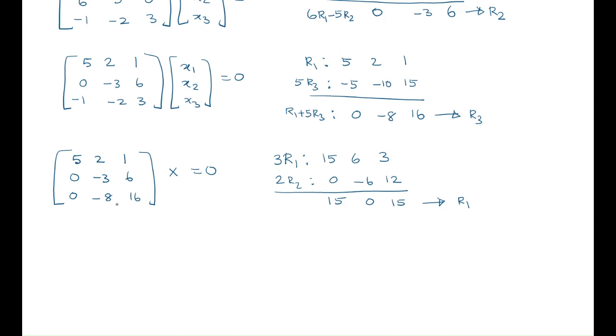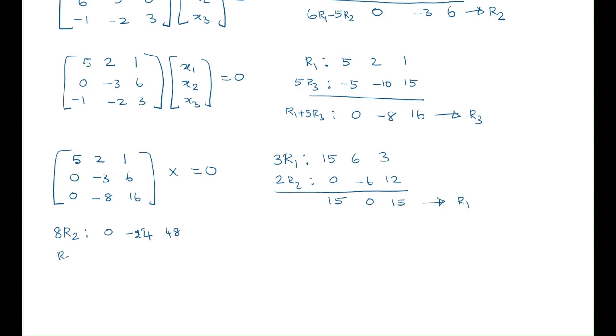No, let us make it 0. So we can multiply the second row R2 by 8. So 8 times R2 gives 0, minus 24, and 48.